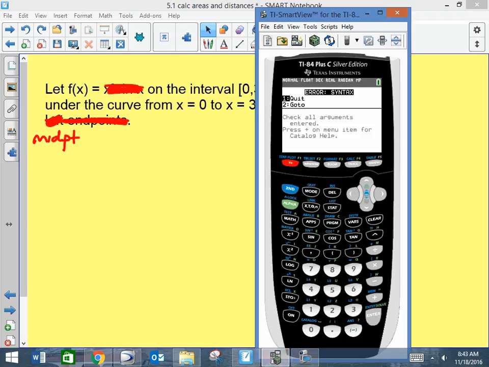Let's do y equals 7x minus x squared. That's my function. I'm going to set up a standard window and see what I have to adjust.